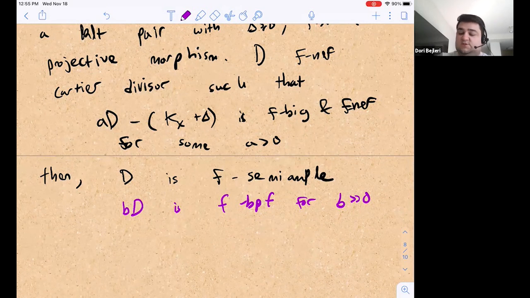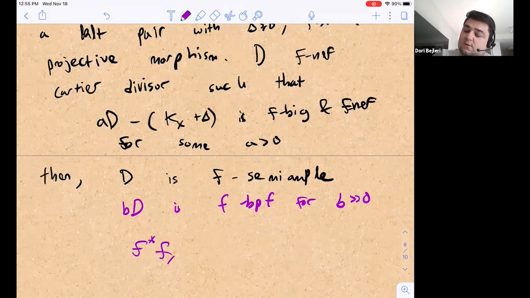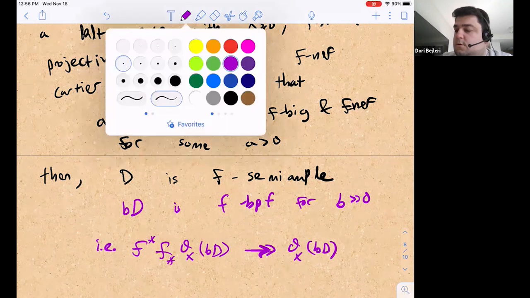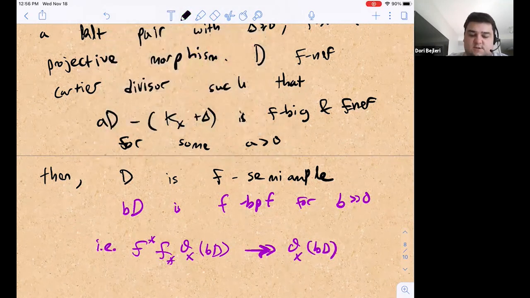It means generated by global sections, but now global sections are relative to f, i.e. the natural map f^*f_*O_X(bD) to O_X(bD) is surjective for all b greater than 0. Okay, so that's the relative base point free theorem.